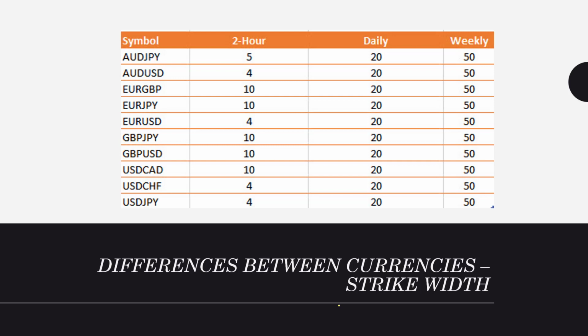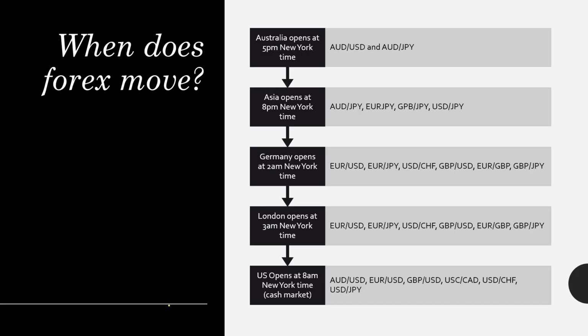The remaining currencies all have a strike width of 4 pips. This really makes a difference when, let's say, you're expecting a 20 pip move on the USD JPY. That converts into a 5 strike move, which is pretty substantial. All of the dailies have a 20 pip strike width, and all of the weeklies have a 50 pip strike width.